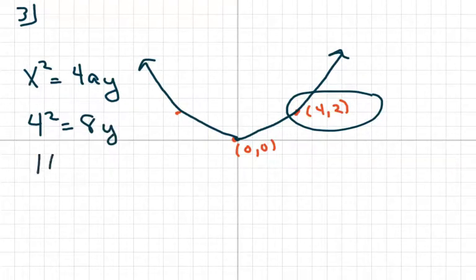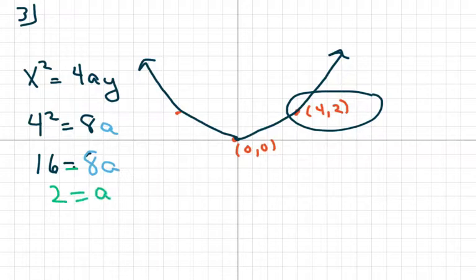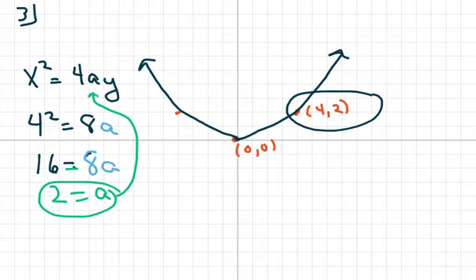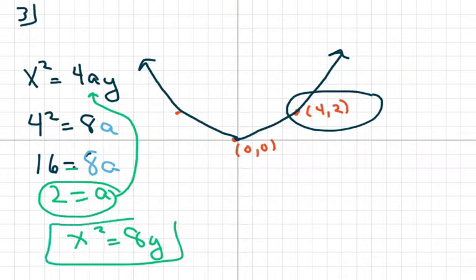So 16 equals 8. Well, it's not y, it's a. So we have 8a. So 2 equals a. Now, plug in your 2 here, and you get x squared equals 8y. And that's your standard form.